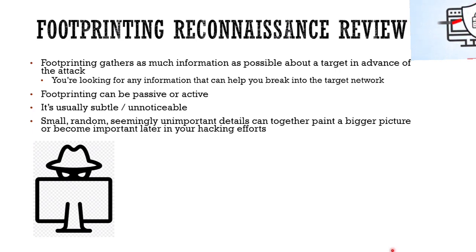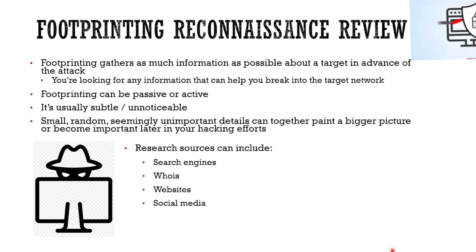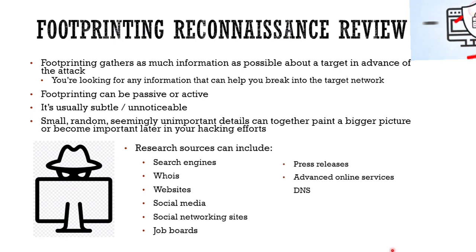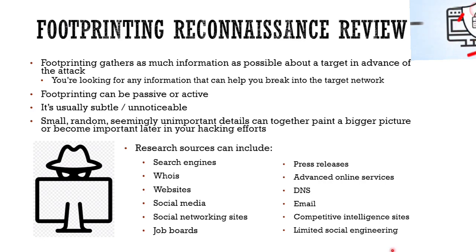Research sources can include search engines and whois and websites, social media, social networking sites and job boards, press releases, advanced online services, DNS, email, competitive intelligence sites, and some social engineering, like just gathering business cards or something at a trade show.